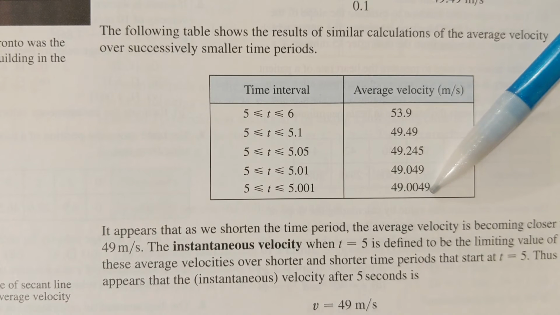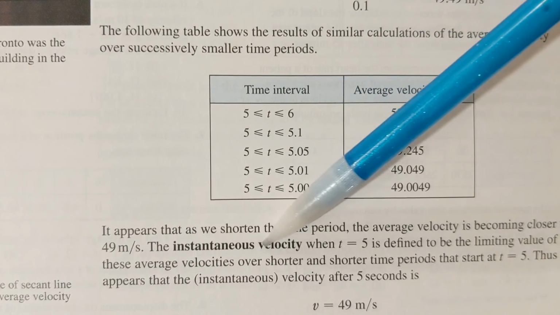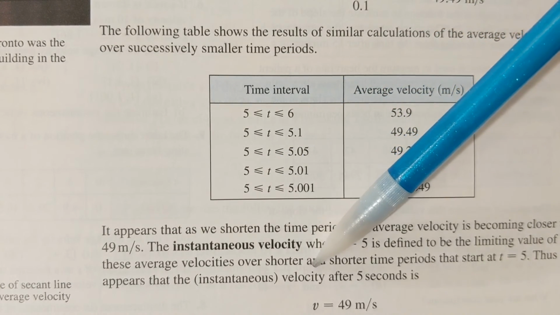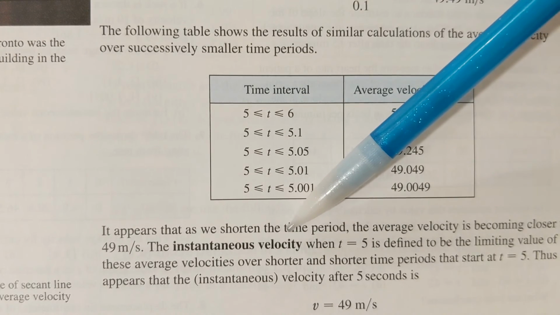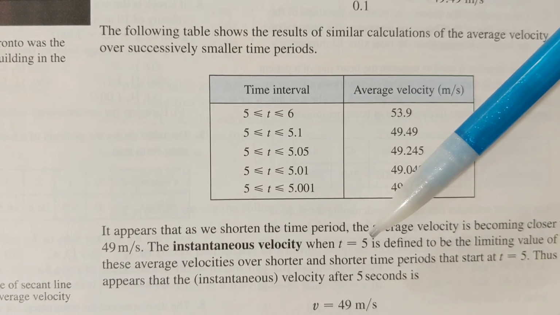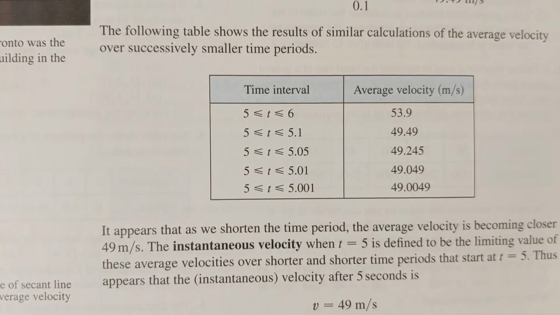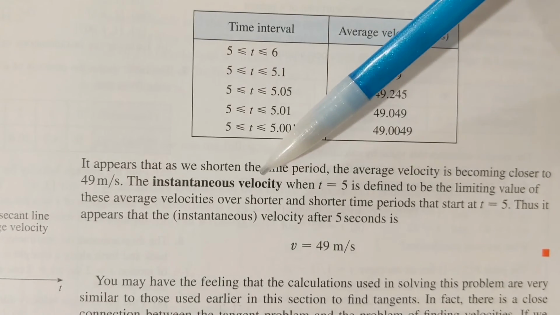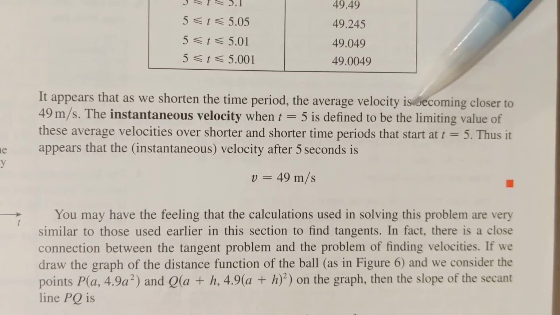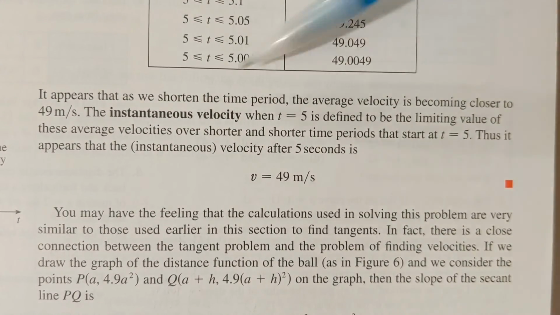Well, the shorter the video length, the better idea I'll have of what's called the instantaneous velocity. That's the velocity at a single moment in time, and we want to know the velocity of the ball at exactly 5 seconds. We say that the instantaneous velocity is defined to be the limit of the average velocities.